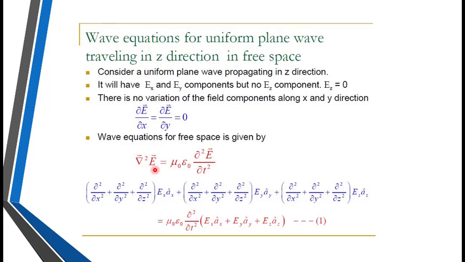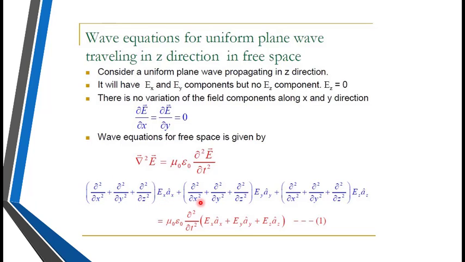Now E has all the components. If you consider E in Cartesian system, then it is expressed as E bar is equal to what? What is E bar in Cartesian system? It is Ex Ax plus Ey Ay plus Ez Az. Now we are applying this Laplacian operator to E vector. So what we got? ∂²/∂x² plus ∂²/∂y² plus ∂²/∂z², all applied to Ex Ax component.